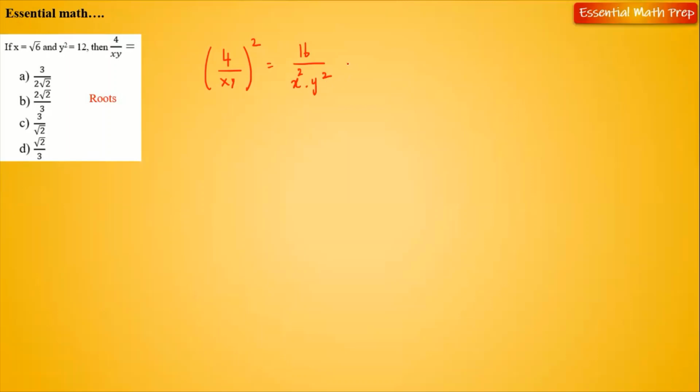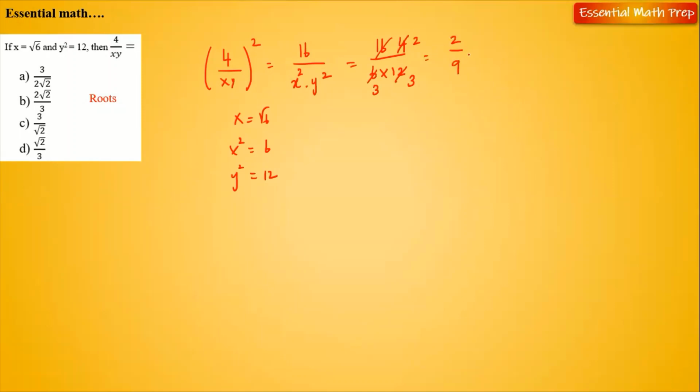So x squared now is, x is root 6, so x squared would be 6, right? And y squared is already 12. So you do not have to make any changes and you solve the problem very, very simply, right? 4 times 4, 4 times 3, 2 times 2, 2 times 3, that'll be 2 over 9.